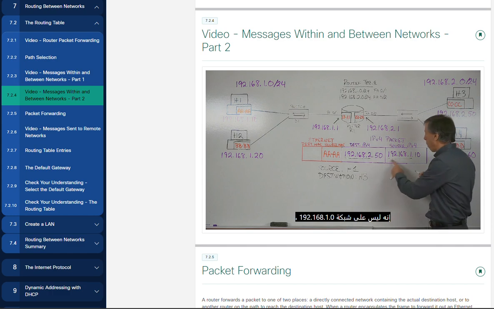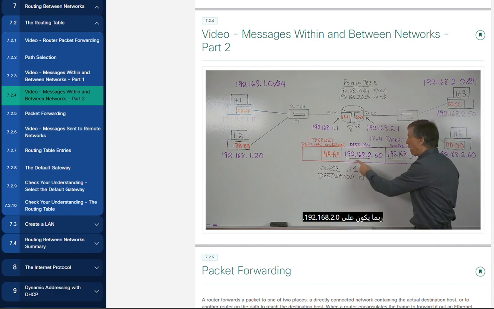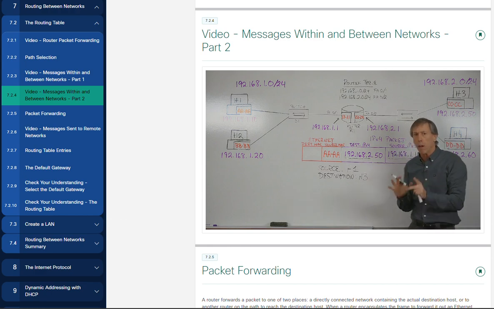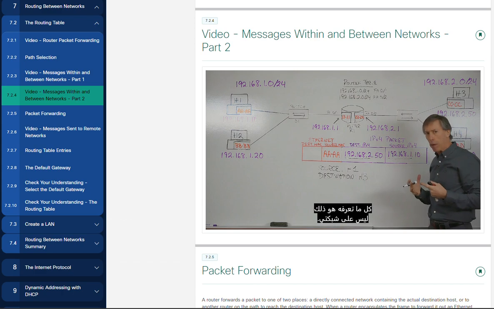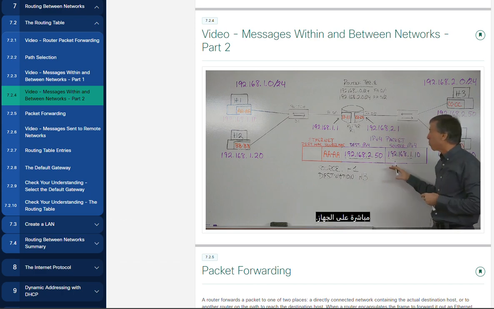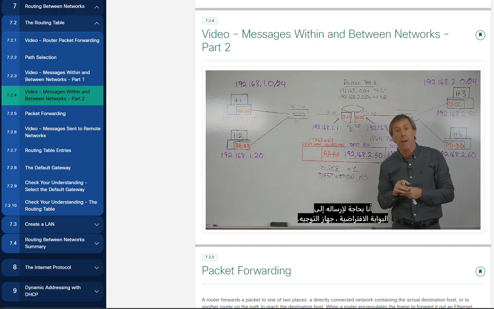It is not on the 192.168.1.0 network. It's on 192.168.2.0 perhaps. All it knows is it's not on my network. So H1 says, okay, I cannot send this packet directly to the device. I need to send it to my default gateway, the router.